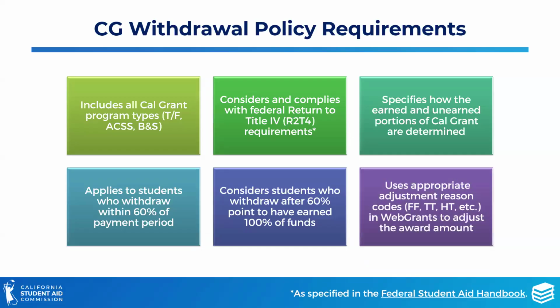And then finally, your withdrawal policy should use appropriate adjustment reason codes like full time, three-quarter time, half time in WebGrants to adjust the award amount in the case that a student has earned some of it and has to return the rest of it.